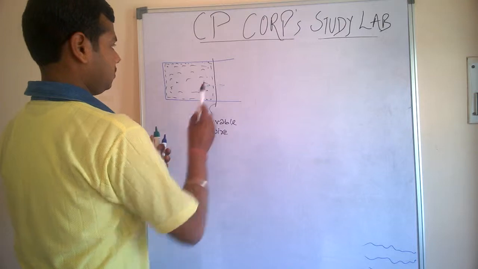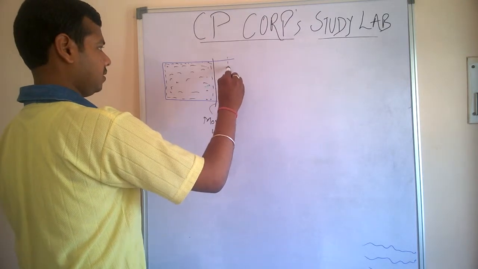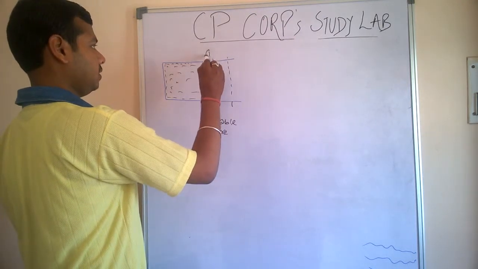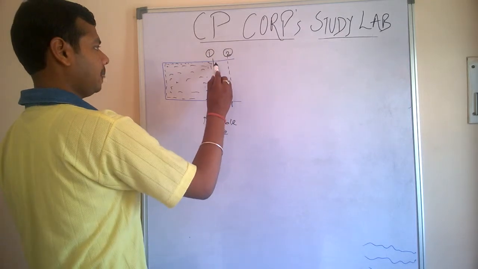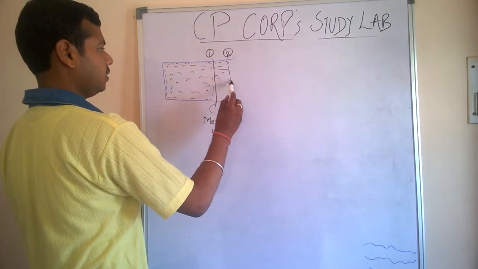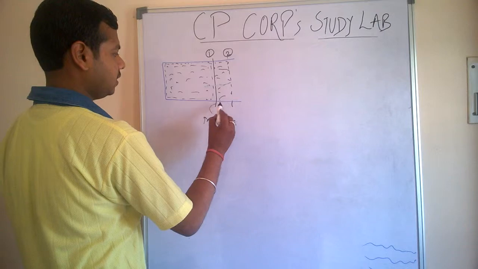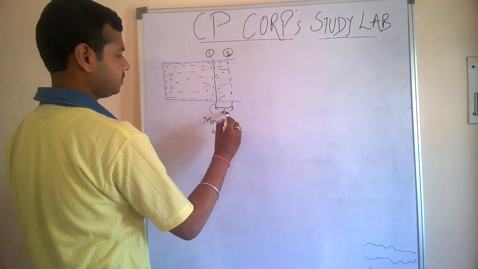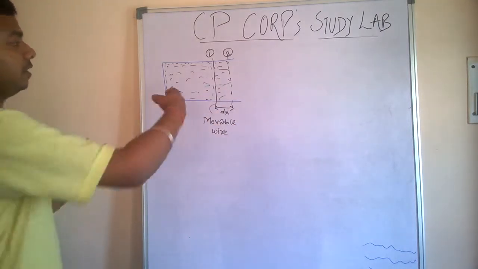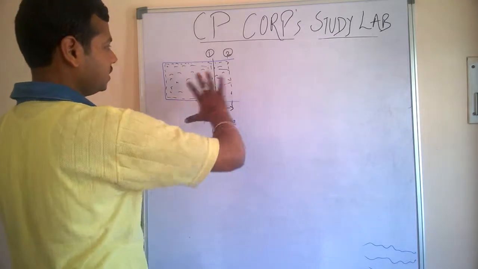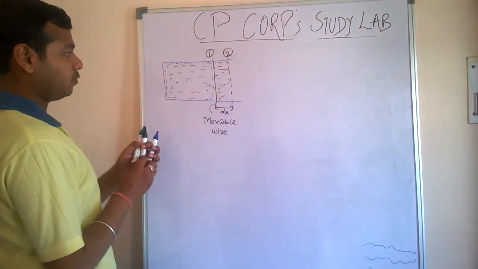Suppose at some instant I have brought it to this position, it was 1, now it is 2. This boundary now lies here, and the increase is dx. If I am going to increase this boundary, I have to apply a force. Why?